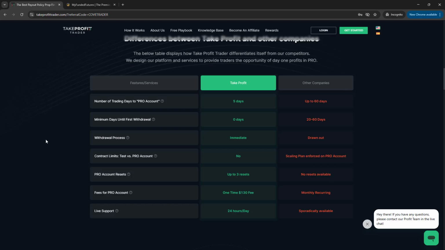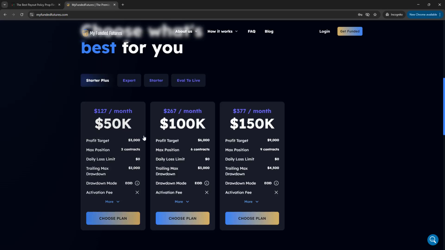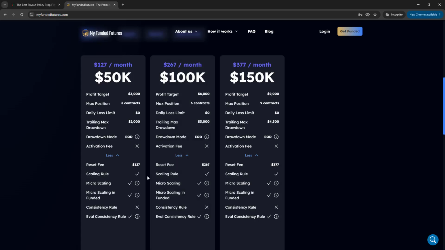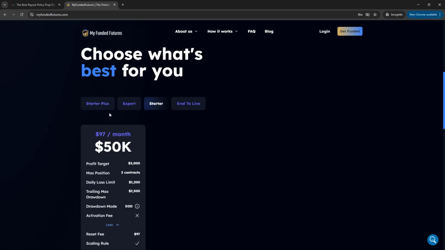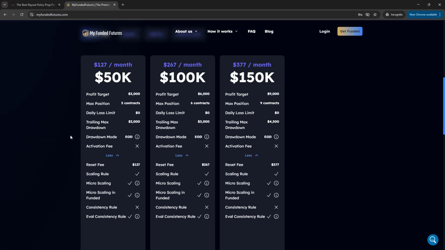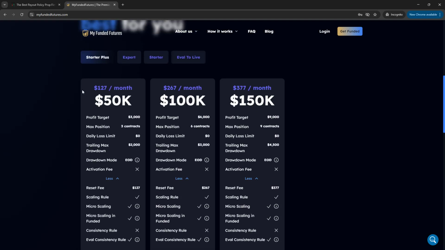But once you're funded, there's no consistency rule. With My Funded Futures, depending on which one you get, there could be a 40% consistency rule if you use the Starter account, or if you use a Starter Plus, there is no consistency rule. So a lot of people are opting for the Starter Plus. I know this is a super popular one.